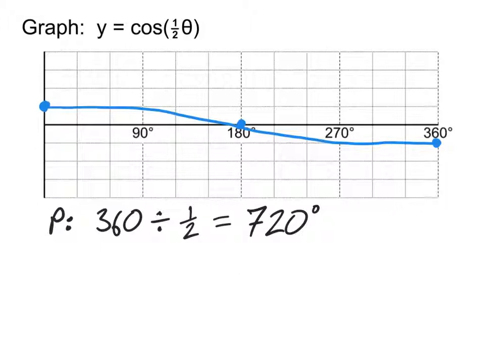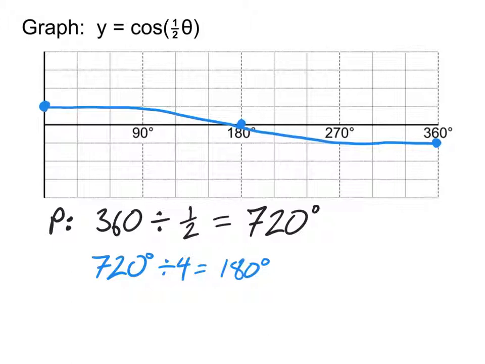Notice 360 divided by 4 is 90. Well, if I do 720 degrees divided by 4, it gives me 180 degrees. So if you can't just look at it and know, you could always do that. You could take your entire period and divide it up into 4 pieces, and that will tell you how big each piece is going to be.